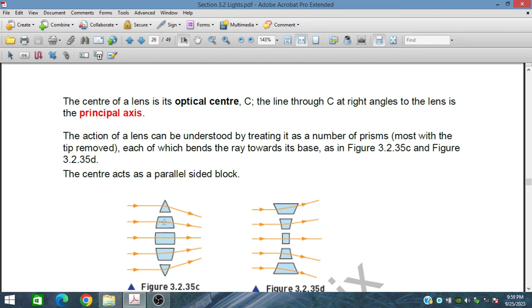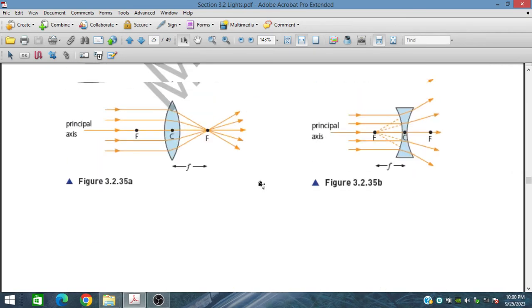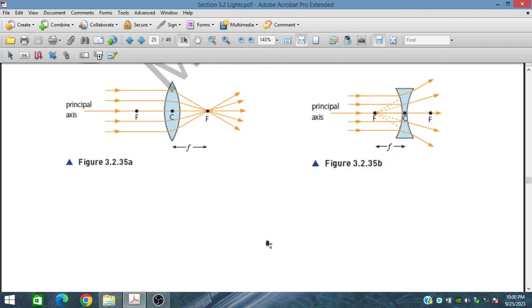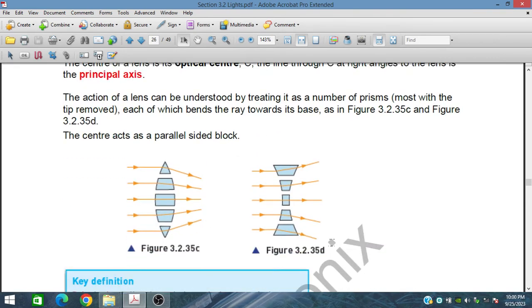Here the light enters and bends. Here it is perpendicular, so it will not bend. Here it will again bend. Every part acts like a small prism. Similarly for this one. In this way we can understand the phenomena of convergence and divergence. This is very important.